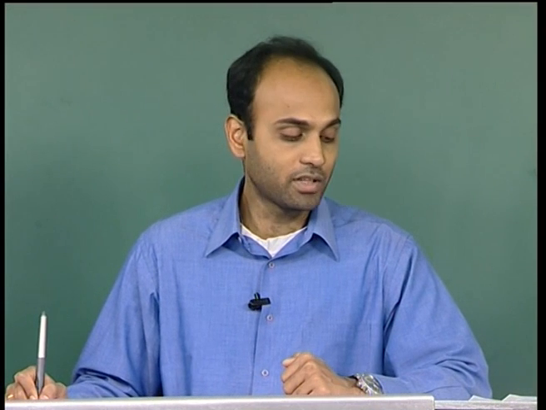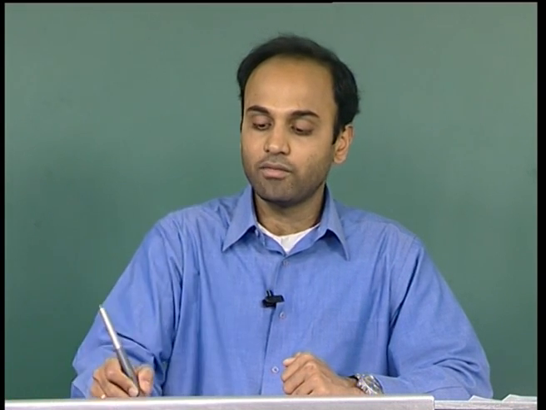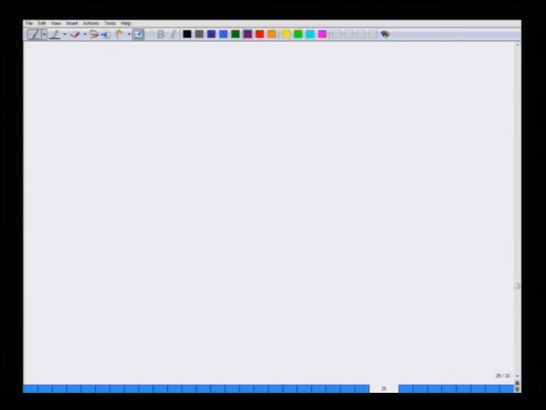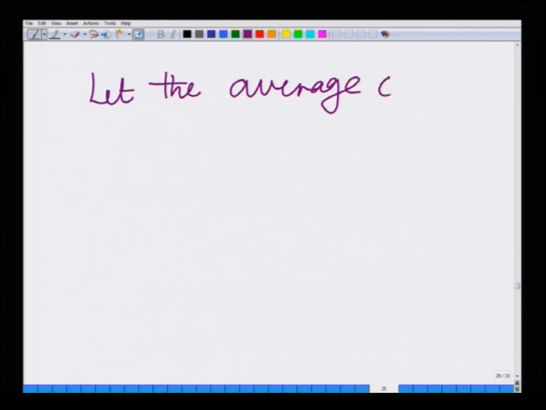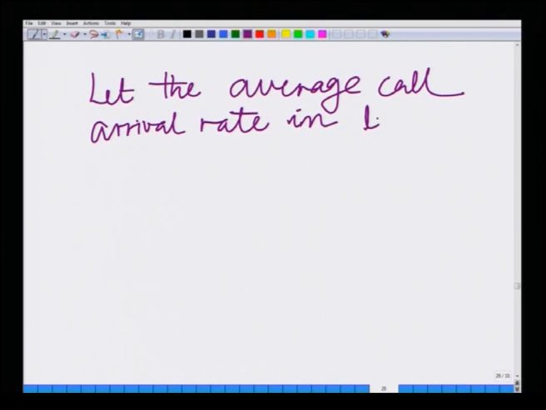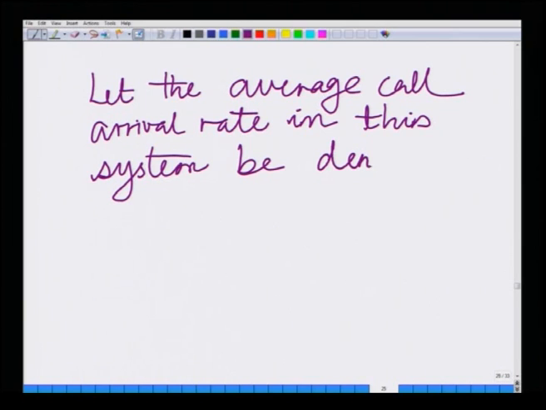is the Poisson parameter lambda, which is nothing but the call arrival rate. Hence, we denote the average call arrival rate in this system by the Poisson parameter lambda.